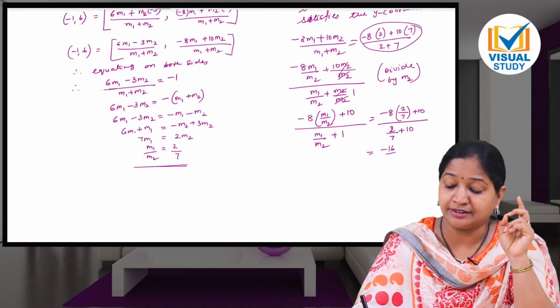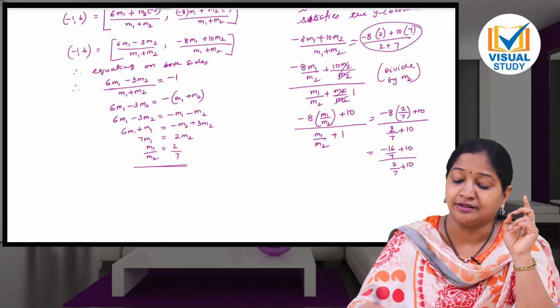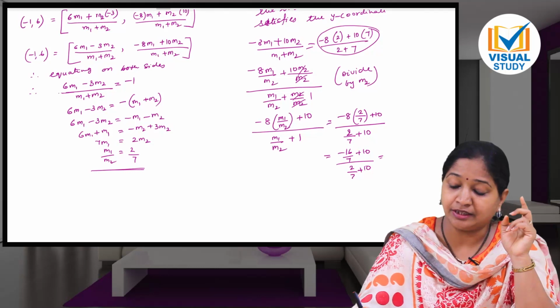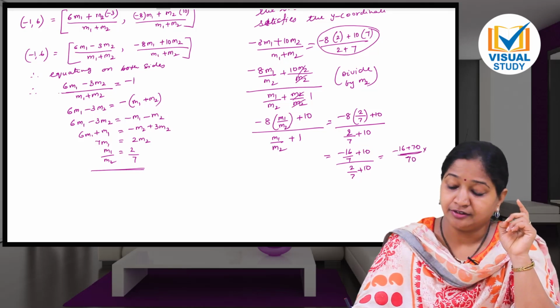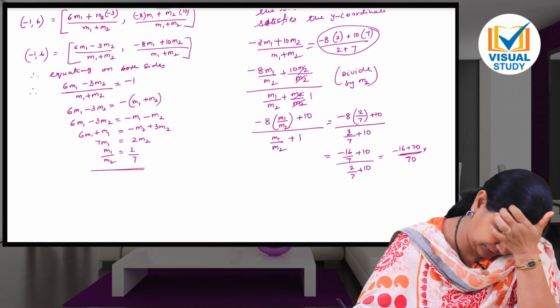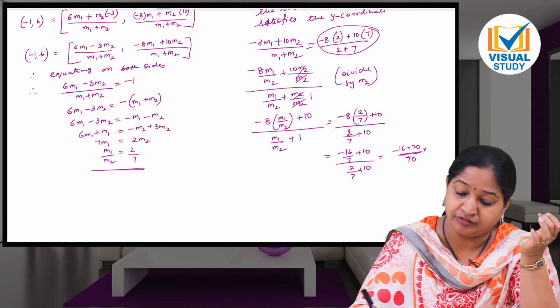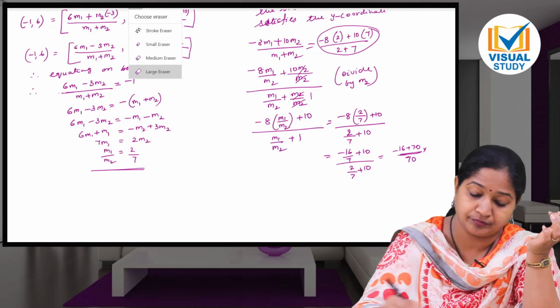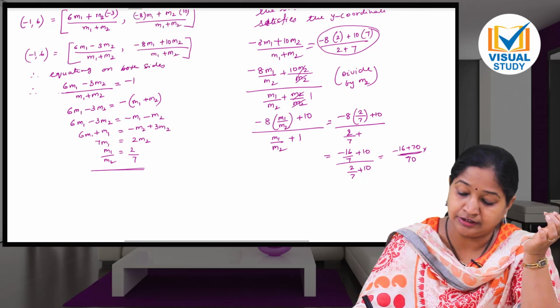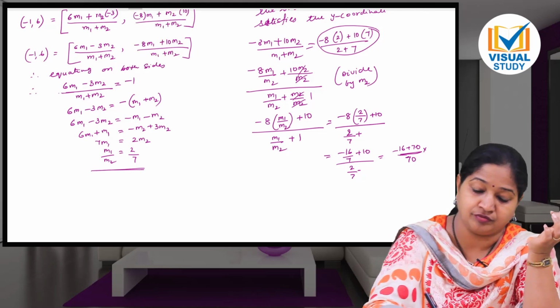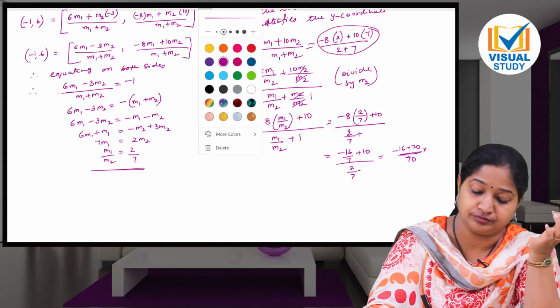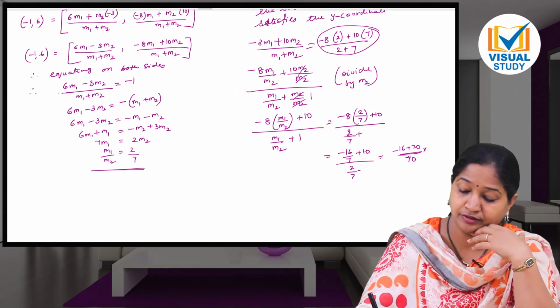You get (16/7 + 10) upon (2/7 + 1). Take the LCM. Here I don't have 10, sorry, here it is only 1.